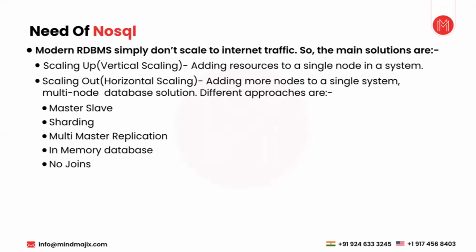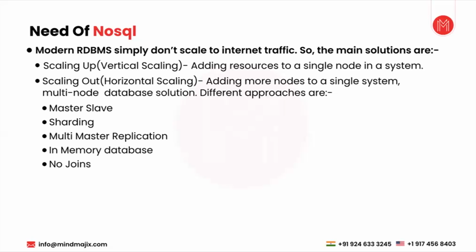Scaling up means vertical scaling. Now what is vertical scaling? Adding more power, that is CPU or RAM, to an existing machine. Suppose we have a machine. After a period of time, we need a particular amount of resources added to that machine in order to store a huge amount of data.